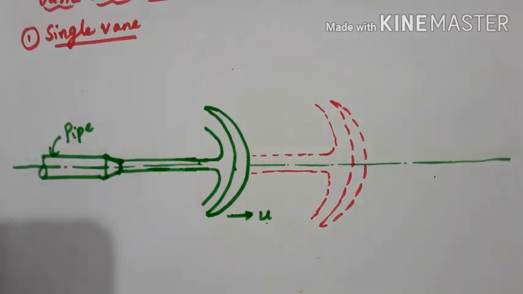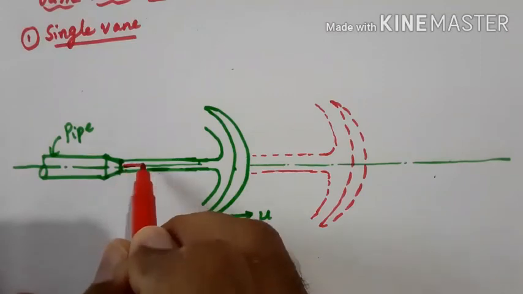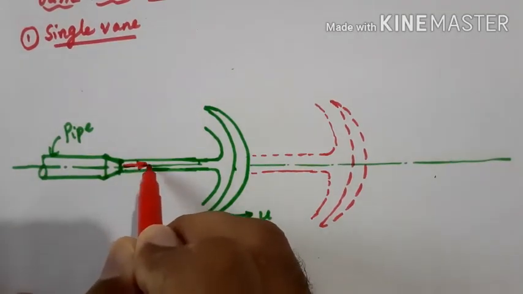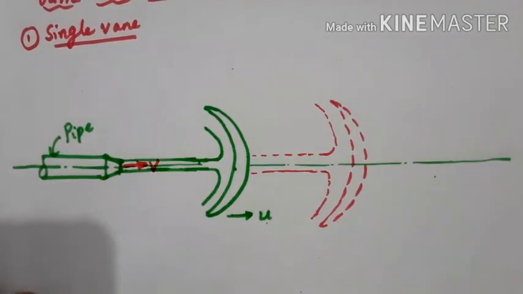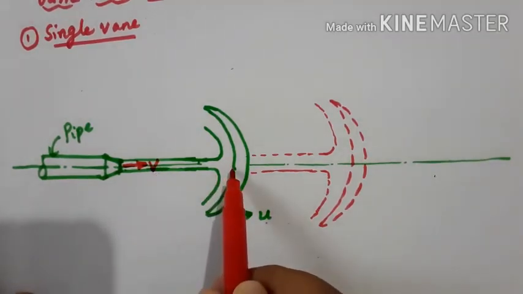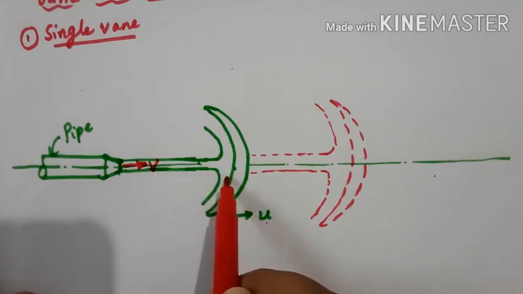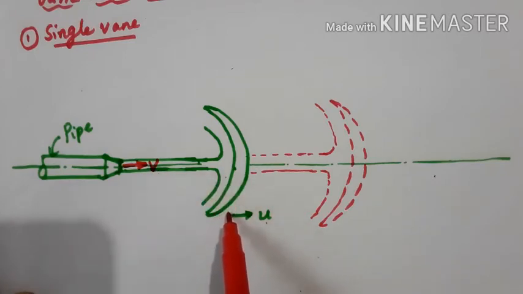So here a jet of liquid is coming out of the nozzle, having a velocity v. Before striking the vane, this velocity is what we call the absolute velocity. The moment it strikes the vane, the vane starts moving with a velocity u.